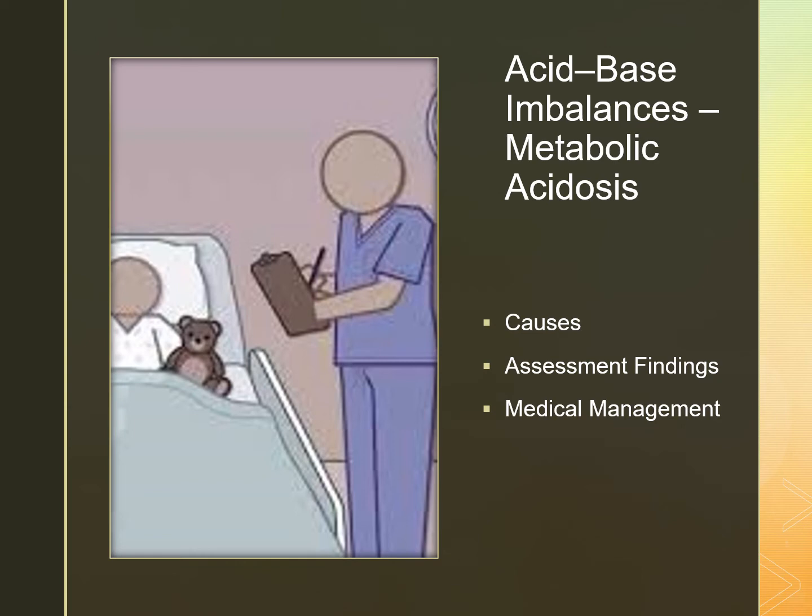In these clients, we see deep and rapid breathing, or Kussmaul's breathing, nausea, headache, flushing, abdominal pain, and weakness. We're going to treat it by eliminating the cause, replacing fluids and electrolytes, and IV bicarbonate.